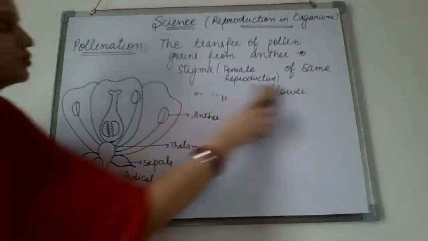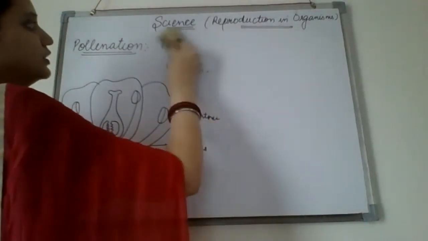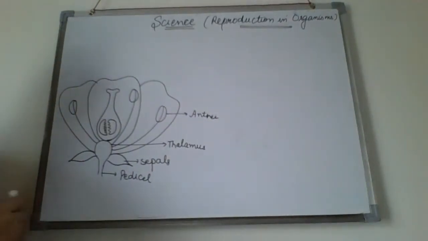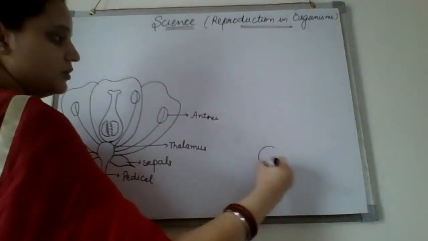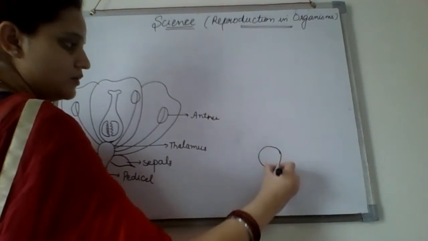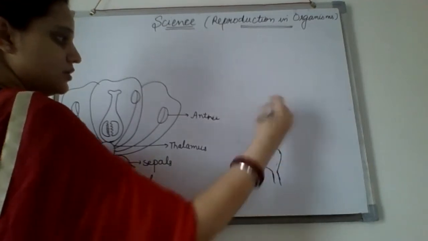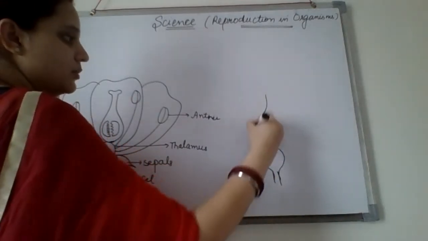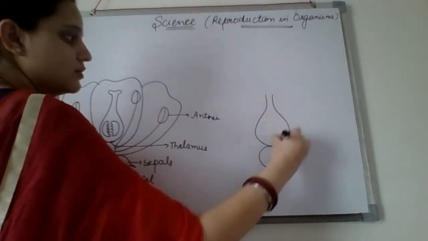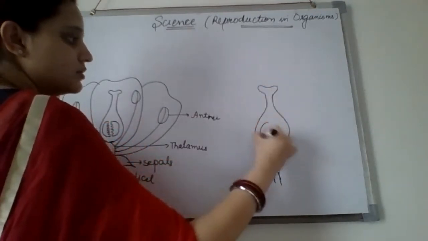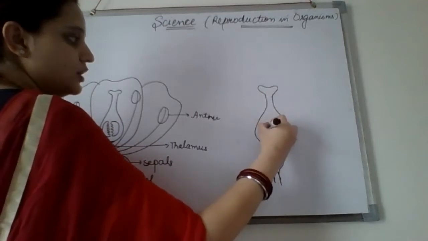Here I will be drawing one more diagram of a flower. I will be drawing the pistil now, completing the rest of the parts, the ovary and the ovules.